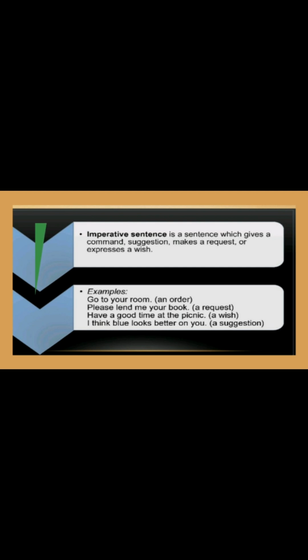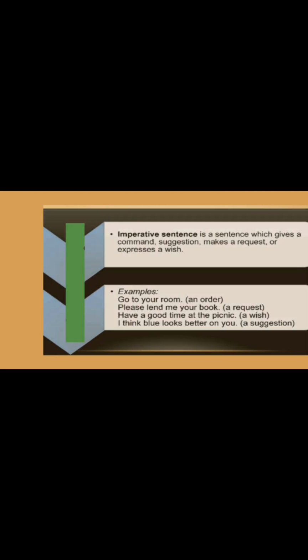This is an order. Please lend me your book. This is a request. Have a good time in the picnic. This is a wish. I think blue looks better on you. This is a suggestion. Now we are finding any order, request, wish, or suggestion as a part of imperative sentences.